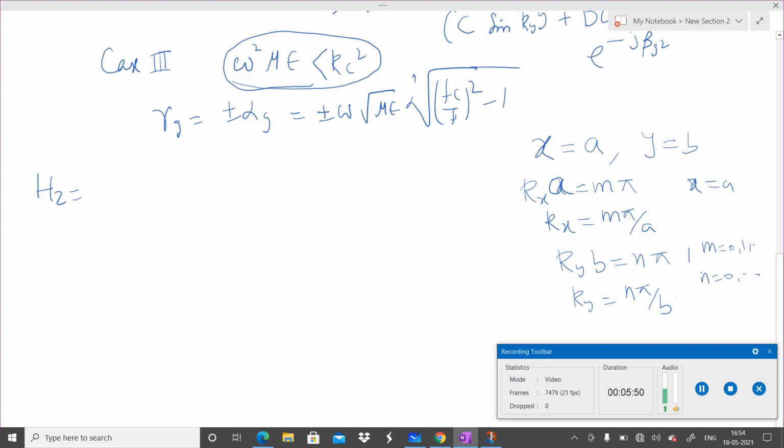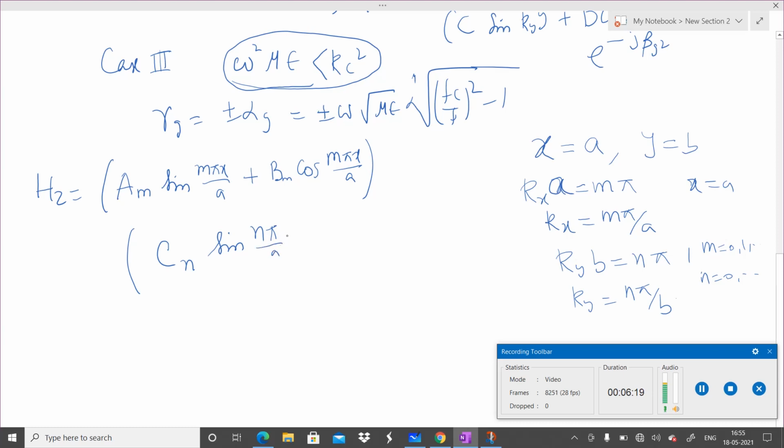So I can write my equation of Hz as some constant, let me write Am, times the sine, and now instead of kx I will write m pi x by a, plus Bm cos m pi x by a, times Cn sine, instead of ky, n pi by b times y, plus Dn cos n pi y by b, e to the power minus j beta g z.